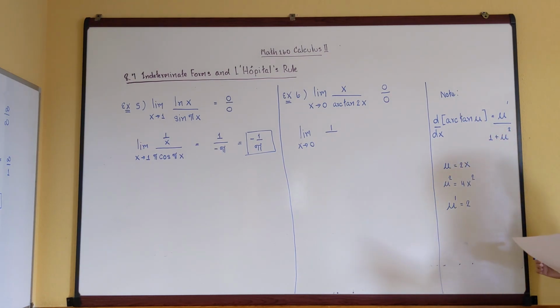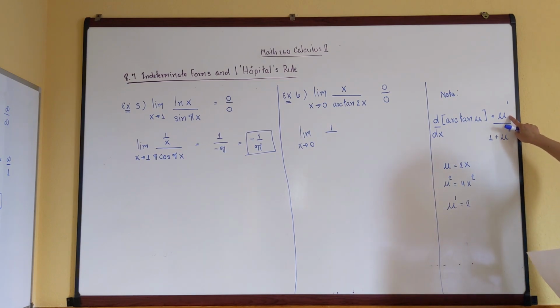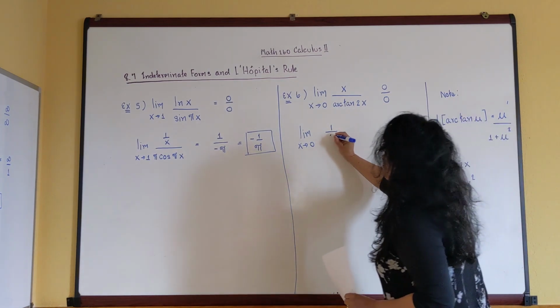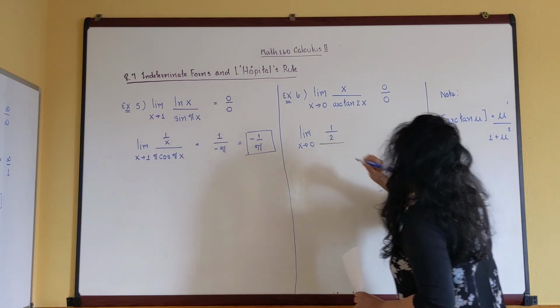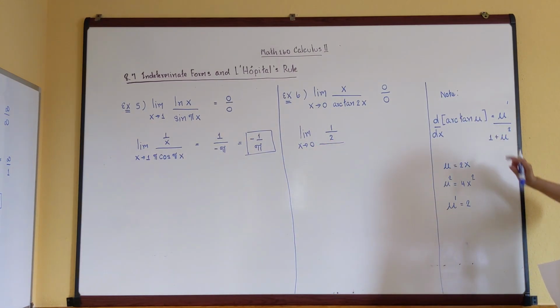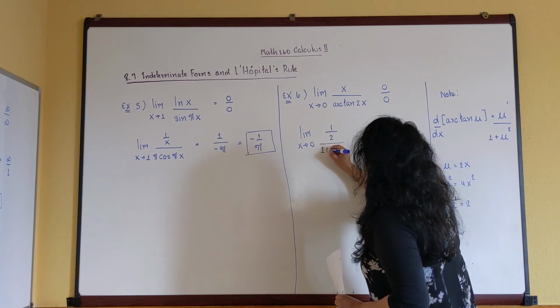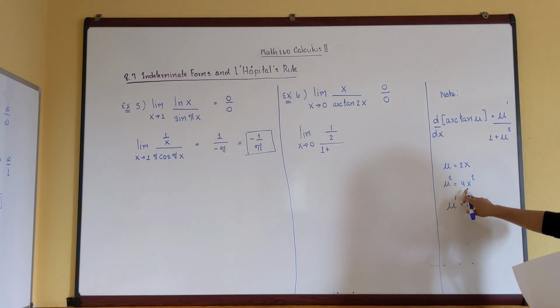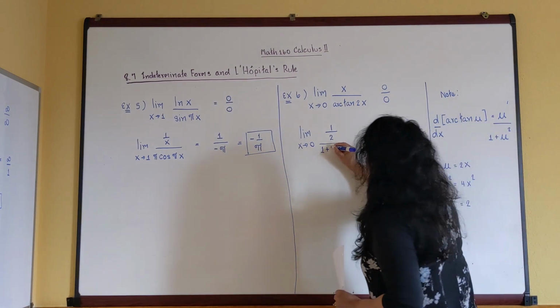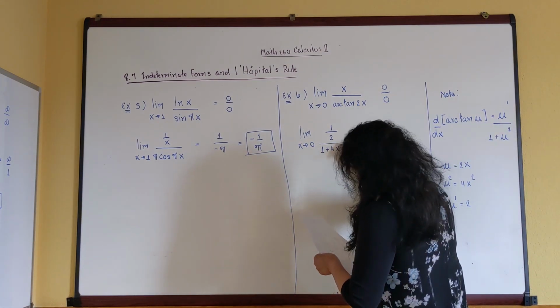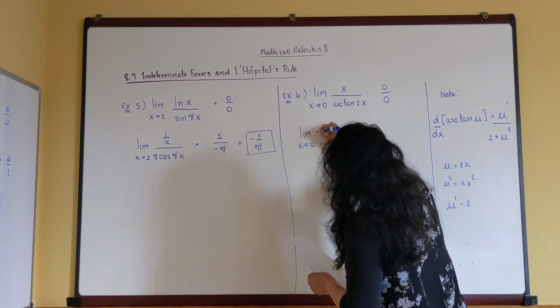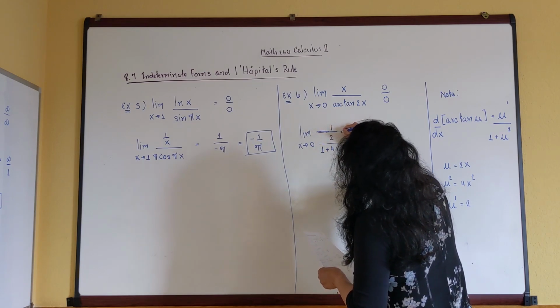Then I'm going to have u prime, which is 2, over 1 plus u squared, and 1 plus u squared is 1 plus 4x squared. Maybe I should draw a line longer so you don't get confused.